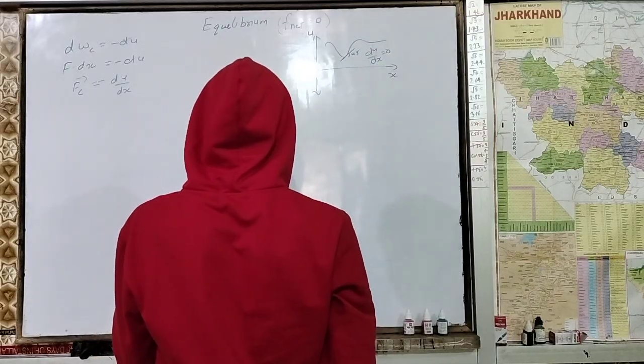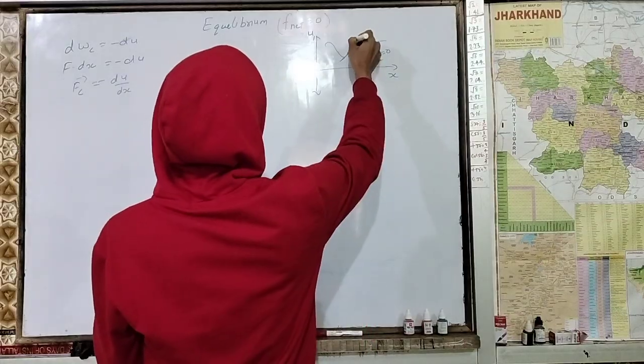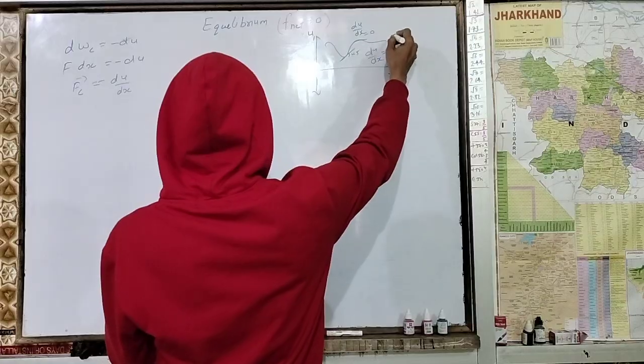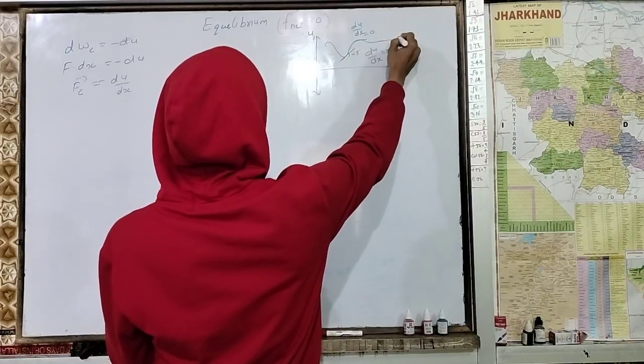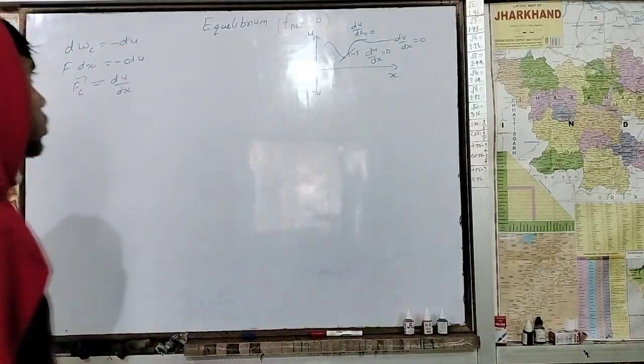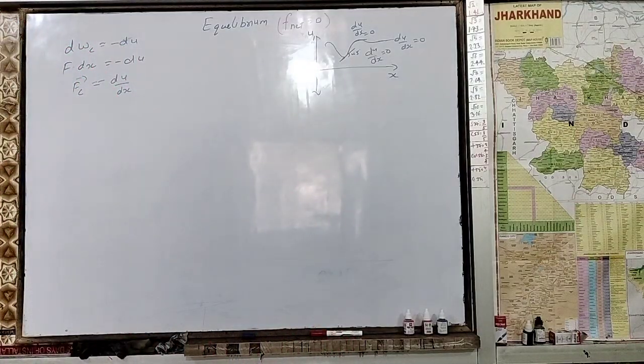Slope over here is 0, and slope over here would also be 0. So dU upon dx will be 0, and the net external force is 0 at this point.